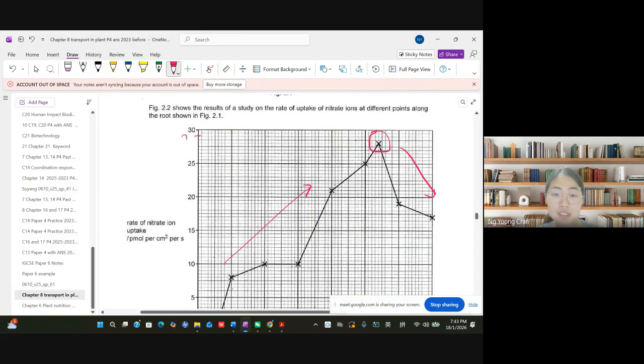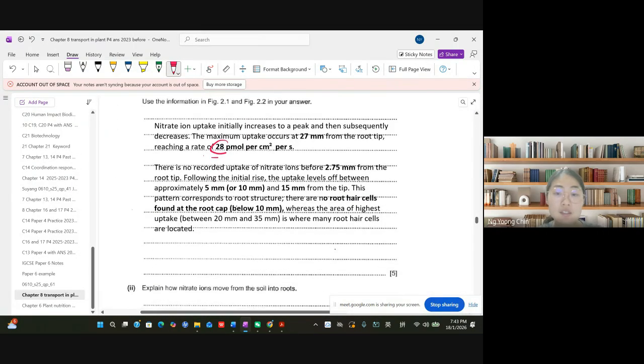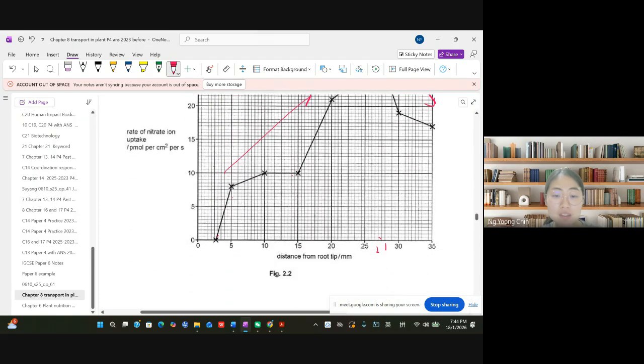So when you describe the graph, it's better to write about the trends, increase, decrease, plateau, and include the values also, the figures from the x-axis and the y-axis. And there is no recorded uptake of nitrate ions before 2.75 millimeters from the root tip, which is around here.